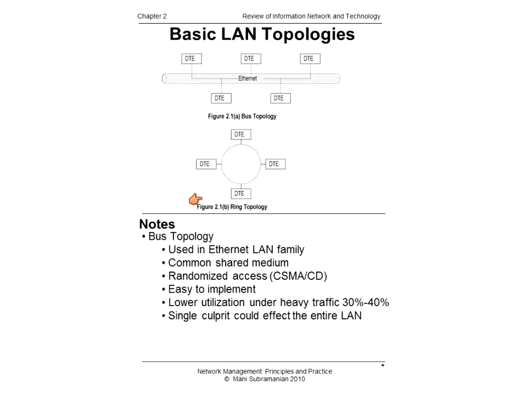Now next, here we have ring topology. In ring topology, each device has a dedicated point-to-point connection only with the two devices on either side of it. So a signal is passed along the ring in one direction from device to device until it reaches its destination. Each device in the ring incorporates a repeater, and when a device receives a signal intended for another device, its repeater regenerates the bits and passes them along. So a ring is relatively easy to install and reconfigure.